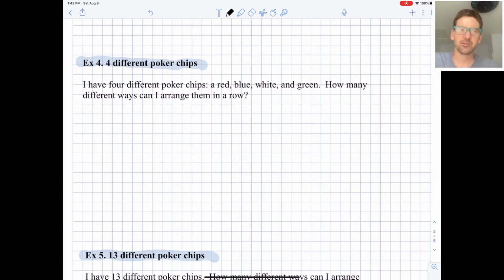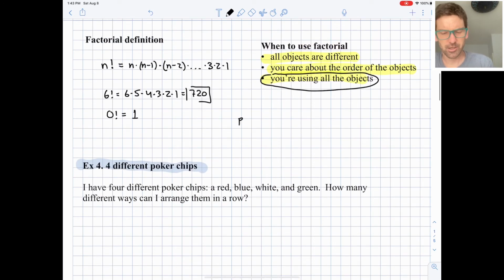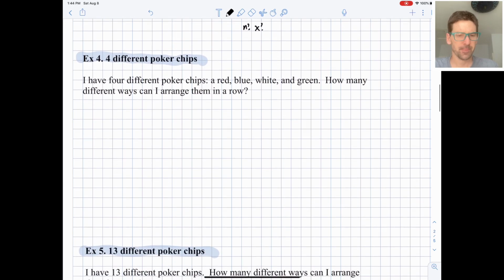In a graphing calculator, you often have to go into the math menu and then to the probability menu, and then you might find n factorial or x factorial. But just look around for it. Every scientific calculator should have it. You should never have to multiply manually.